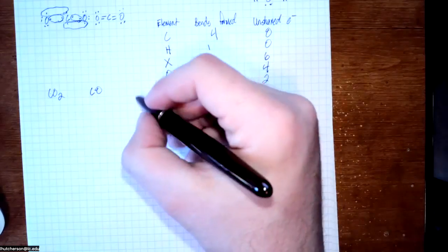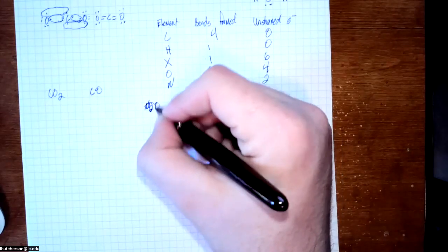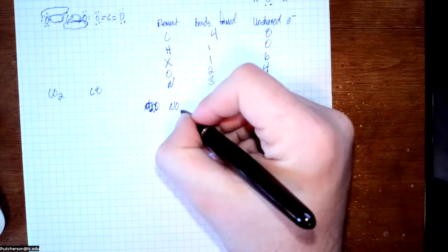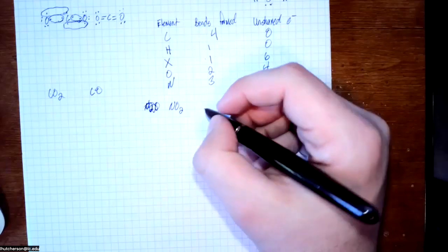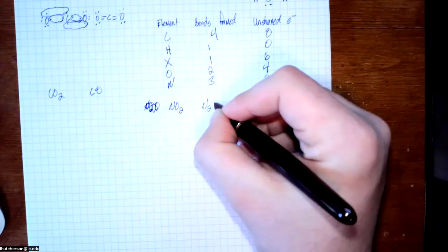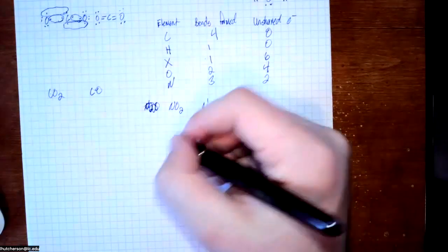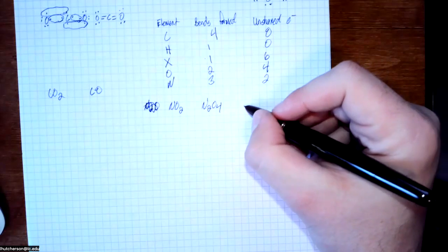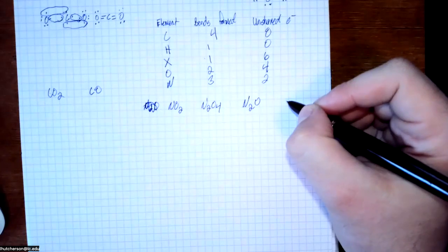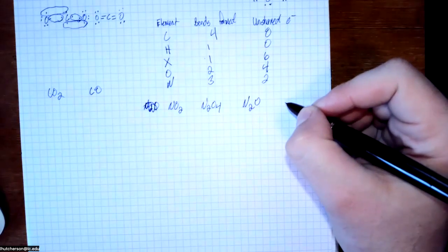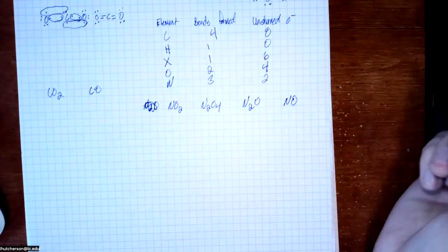Or maybe we could have the compound NO2, even though N2O is also an equally valid compound. Or we could have N2O4. Actually, you know what? Let me do N2O also because it's going to make a great example. All right. And also we can include NO in this.